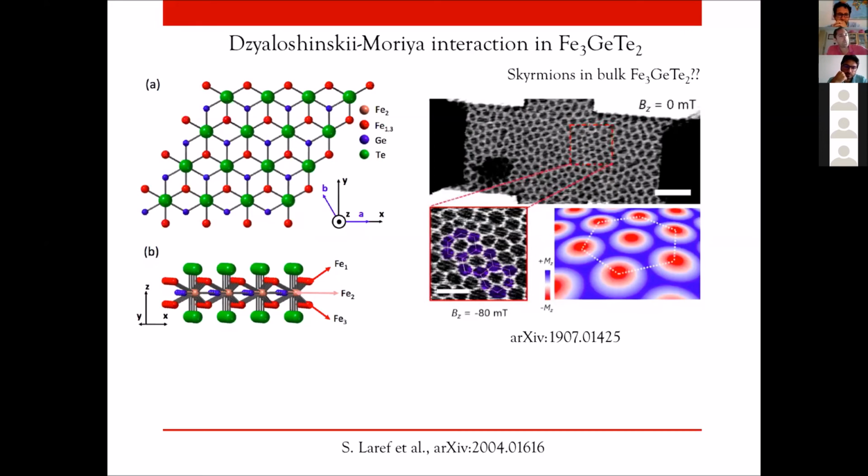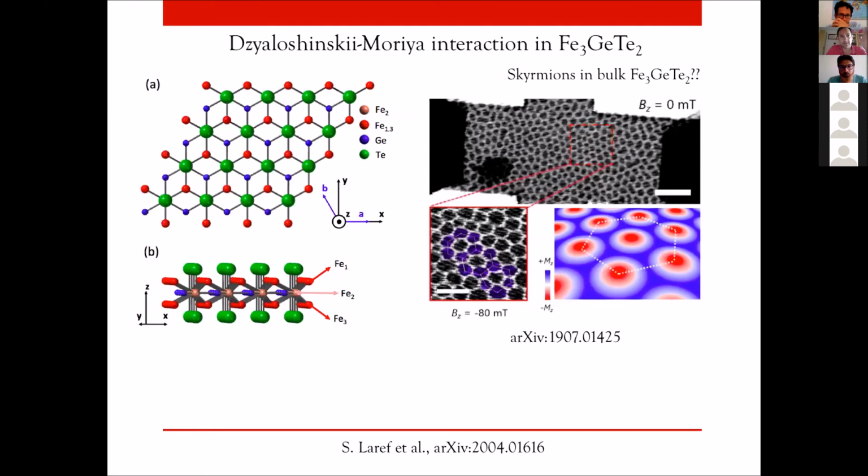So what we did is we just took one monolayer of this iron germanium tellurium, because it's much easier than the bulk, and tried to understand what's happening there. What is interesting is that this system is non-centrosymmetric, so you could imagine having some skyrmion there, but when you analyze the symmetry, it actually doesn't work.